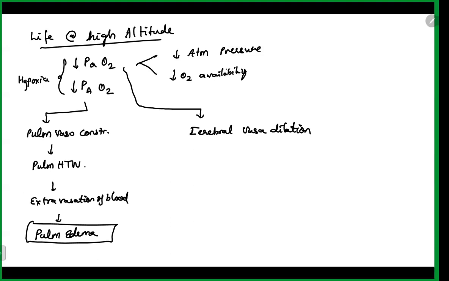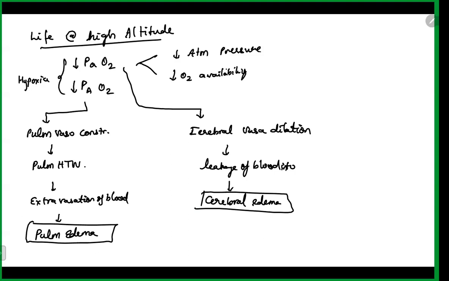So there is going to be cerebral vasodilatation. Cerebral vasodilatation will cause leakage of blood into the cerebral spaces, and that will lead to cerebral edema. All of these are long term complications, not short term.